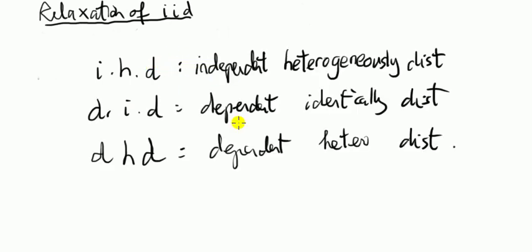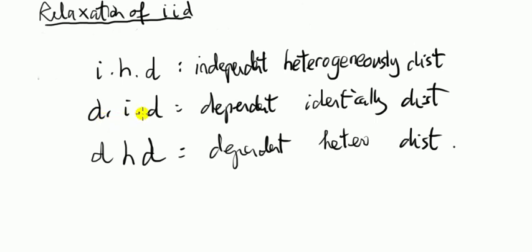Okay, so relaxing i.i.d. then, independent, heterogeneously distributed. So this is where our observations are independent outcomes, but the distributions could be different, or they could be the same distributions but with different parameters. So basically they're different to each other.